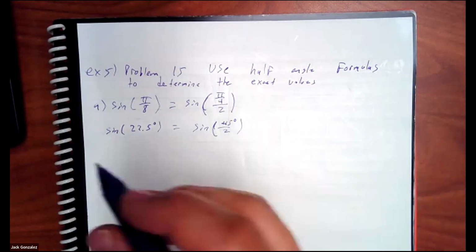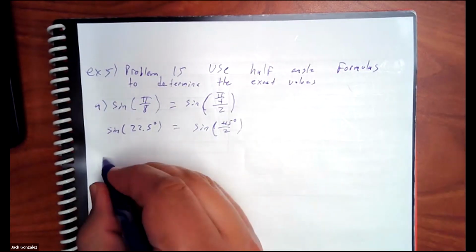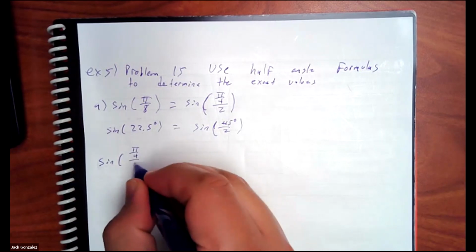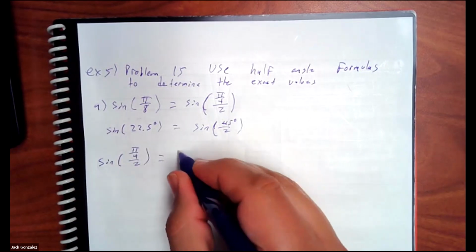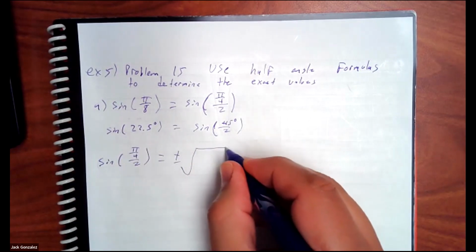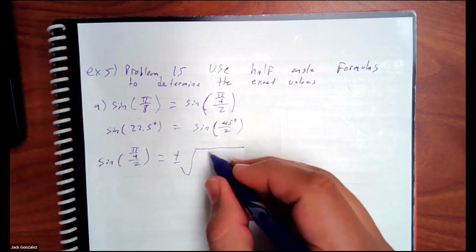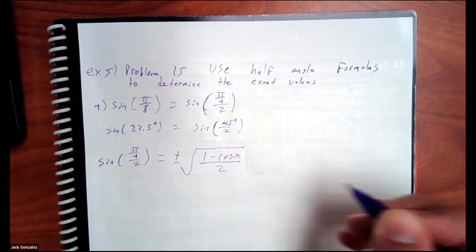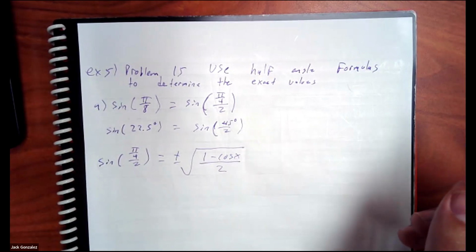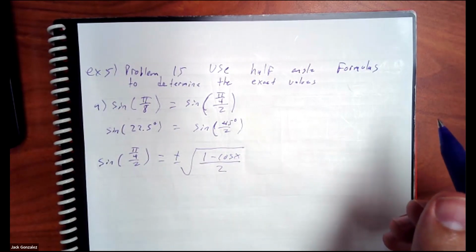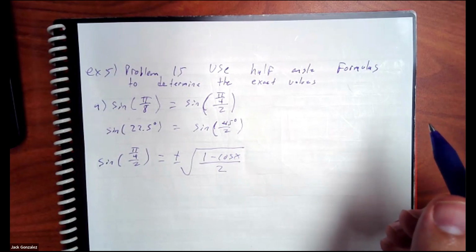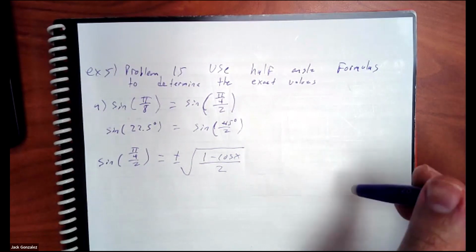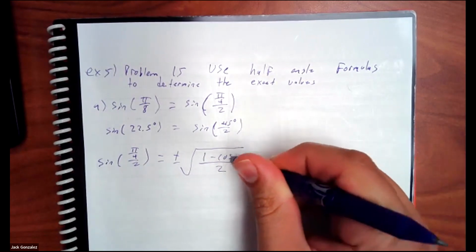Plus or minus the square root of 1 minus cosine x over 2. So sine of pi over 4 over 2 is equal to plus or minus square root 1 minus cosine. 1 minus cosine. So our x, sorry, should be pi over 4.